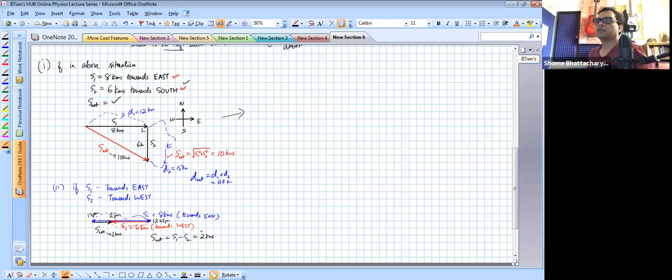To answer another question, if both were towards west, or both were towards east, then the resultant would have just become 8 plus 6, that is 14. The net would have looked like a straight line with a resultant displacement of 14 kilometers.